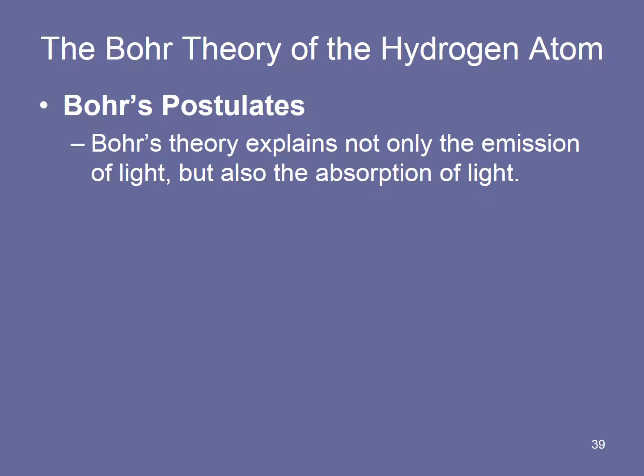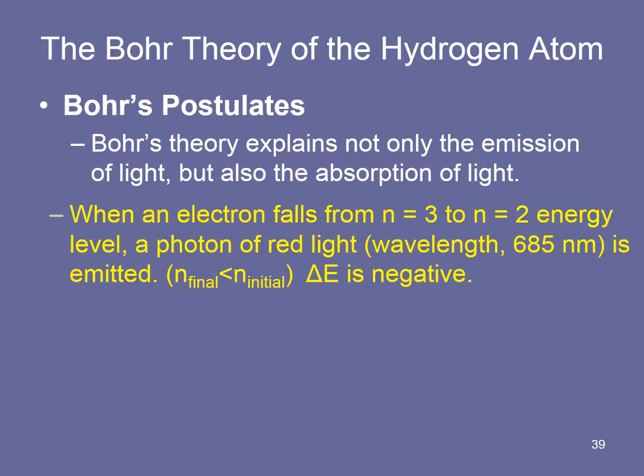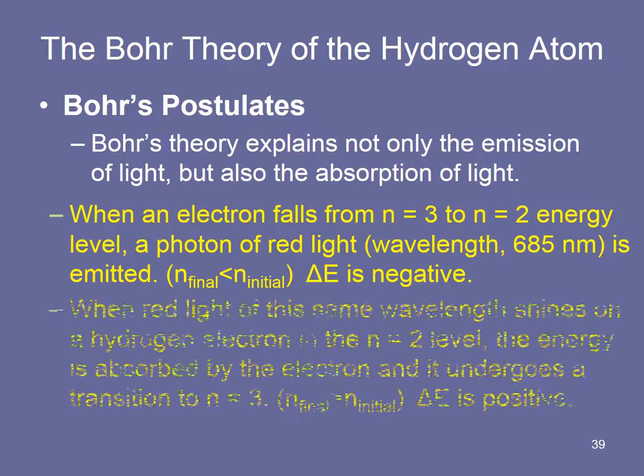Okay, so Bohr's theory explains the emission of light, but also the absorption of light. Like I said, if an electron falls from 3 down to 2, the energy emitted is at wavelength 685 nanometers. Since the final level is lower than the initial level, delta E is negative and energy has been released.